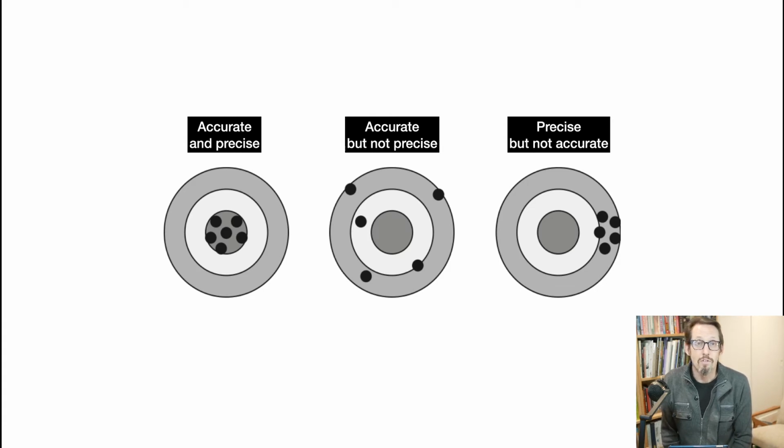But maybe they're not precise. Maybe you've got a big spread of 20 meters, right? Maybe you've got something which is precise but not accurate. So you've got a tool which has a systematic error in it. So your measuring stick is a little short. Okay, you've got a set of calipers.